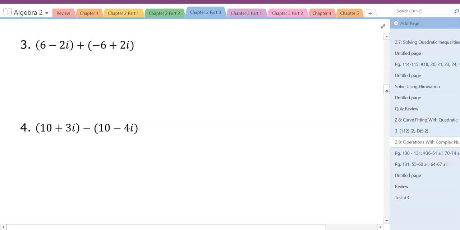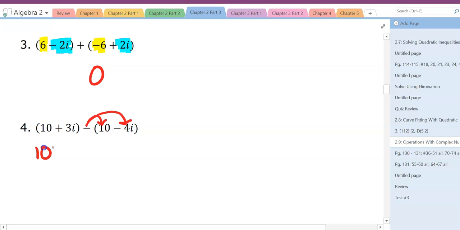So for number 3, you've got the 6 and a negative 6. And then you have negative 2i and a positive 2i. So what happened on that one? They all cancel, so you should have been left with a 0 for that one. For number 4, again, if you need to, distribute that negative into the terms first.